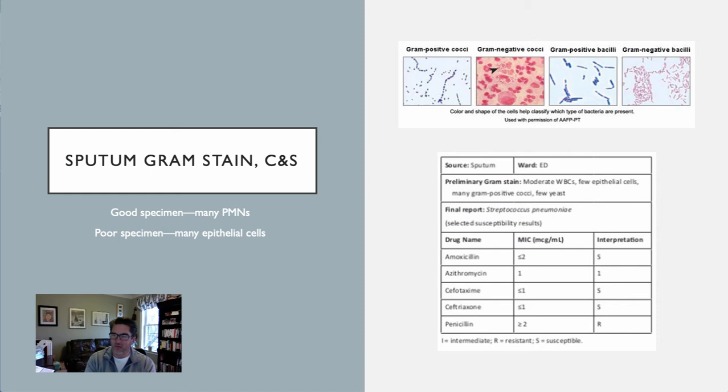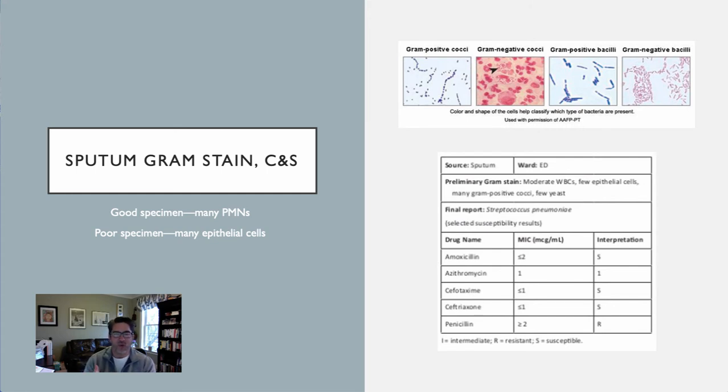But the other thing that we have to know is how good is the specimen that we got? Yes, we grew some gram-positive cocci, but there's lots of gram-positive cocci, and sometimes they're organisms that belong there in the mouth, for instance, and sometimes they don't belong there, like in the lungs.